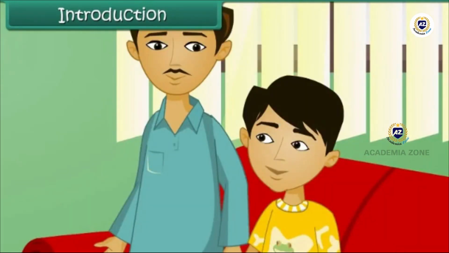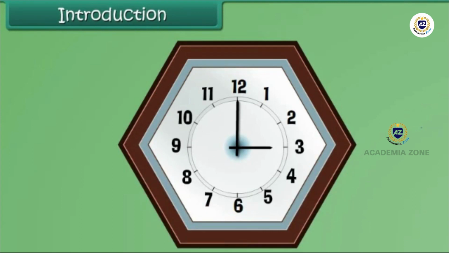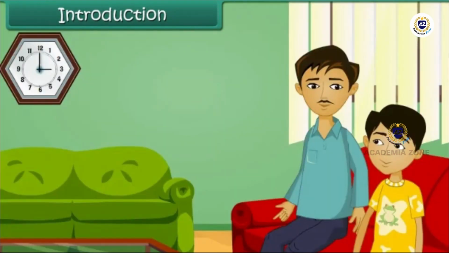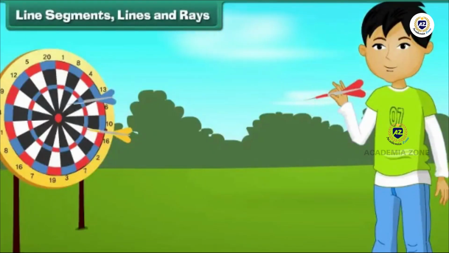Can you also comment on the shape of the clock, Vijay? Sure. The clock has 6 sides and it's a hexagon. Wonderful, Vijay. You have learnt your geometry well. Children, in this lesson, you will learn the basics of geometry, line segments, lines, and rays.